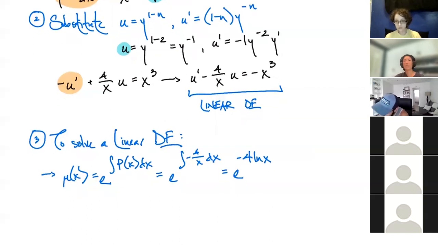Now this part, I do want to make sure we know how to simplify this. I know that the e and the natural log cancel out. But in order to use that, it's more helpful if I bump this -4 up as the exponent for x. In other words, e to the natural log of x to the -4.